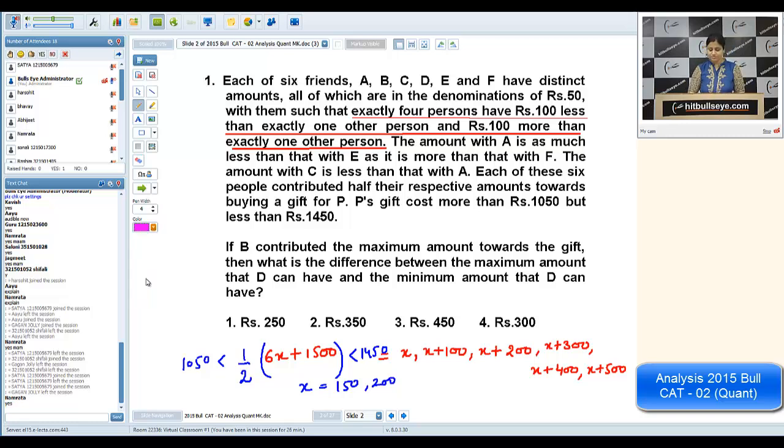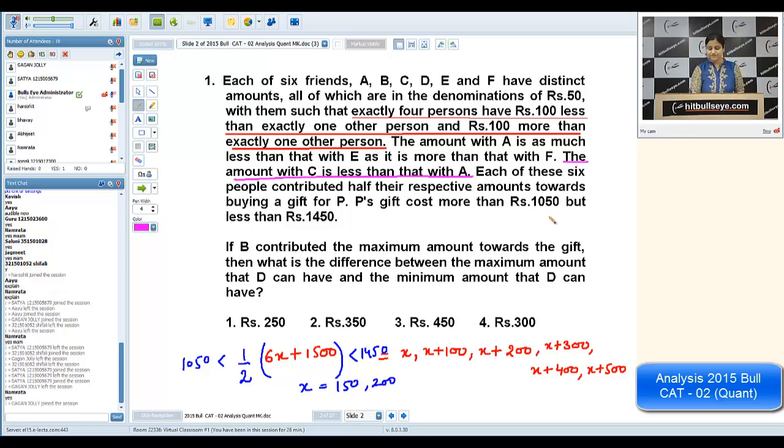If B contributed the maximum amount towards the gifts, there were some conditions as well. The amount with C is less than that of A. It is also given that the amount with A is as much less than with E as it is more than that with F. Now we will take these 2 conditions.